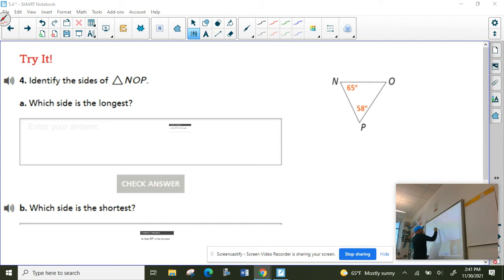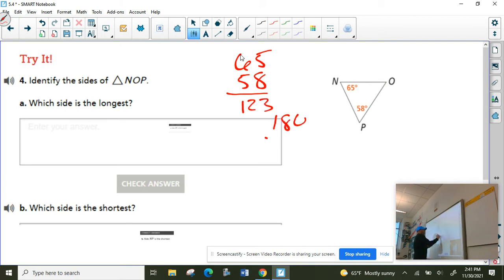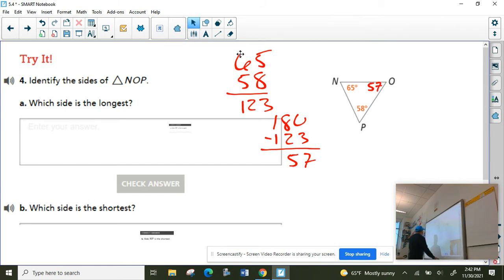All right, hopefully you paused it and you came back. We have to figure out what angle O is. 65 and 58. I'm going to add them together. I get 123. I take 180 minus 123 and I get 57. So this angle here is 57. They want to know which side first is the longest. Well, I come over here and I go, 65 is my biggest.